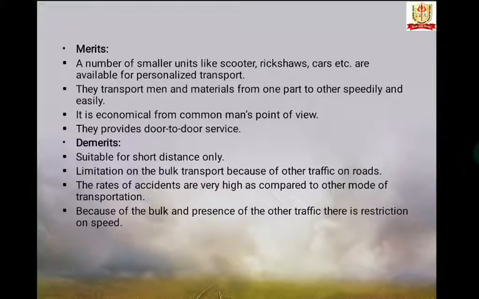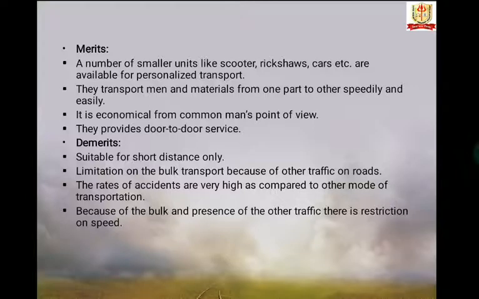Merits: a number of smaller units like scooters, rickshaws, cars, etc. are available for personalized transport. They transport men and material from one place to another speedily and easily. It is economical from a common man's point of view. They provide door-to-door service.